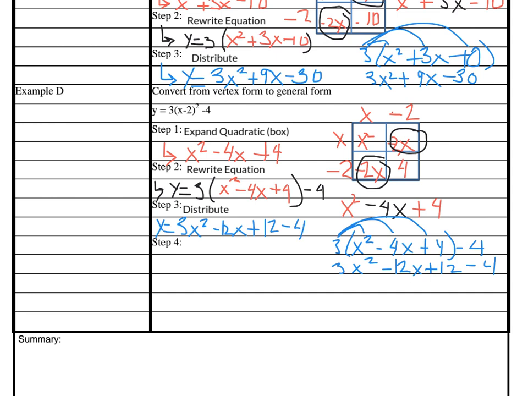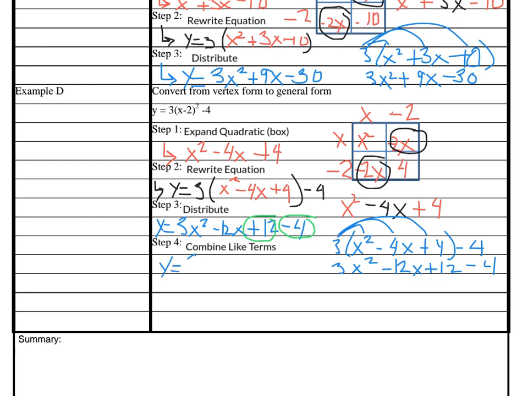Step 4, which is new from our last example, is combine like terms. So we look at the result from step 3 and we see that positive 12 and negative 4 are like terms. They don't have any x's, so I can do 12 minus 4 to get 8. Rewrite everything we had.